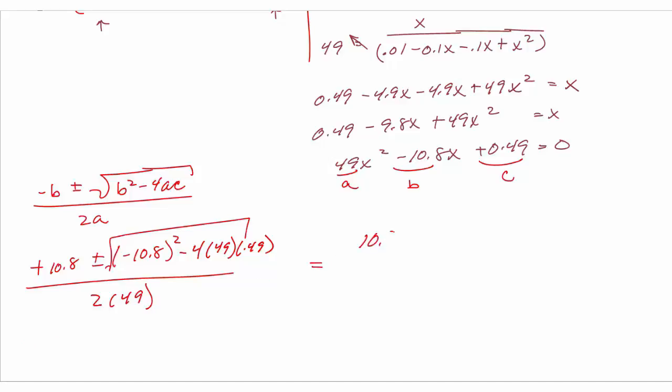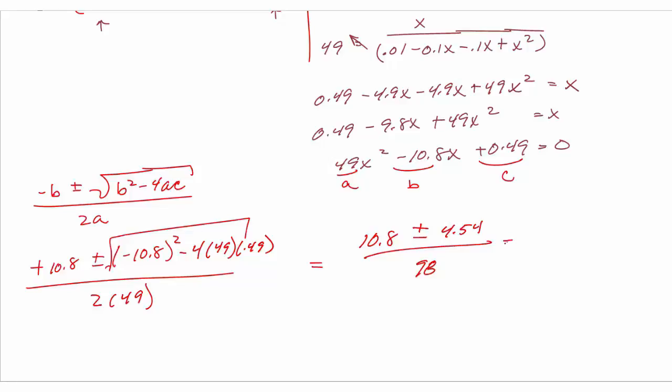That's going to equal 10.8 plus or minus, okay, 10.8 squared minus 4 times 49 times 0.49, hit equals, square root of 4.54, all over 49 times 2, which is 98.